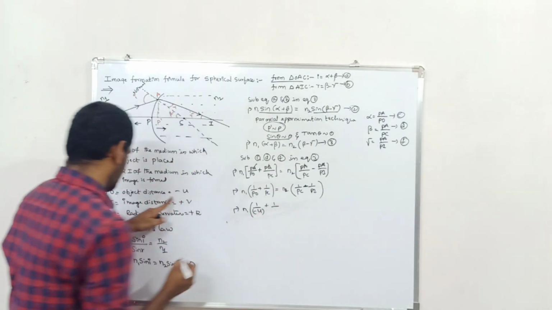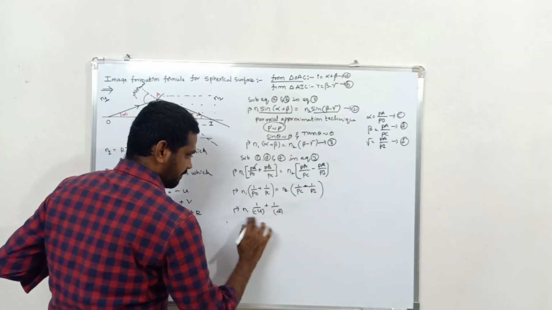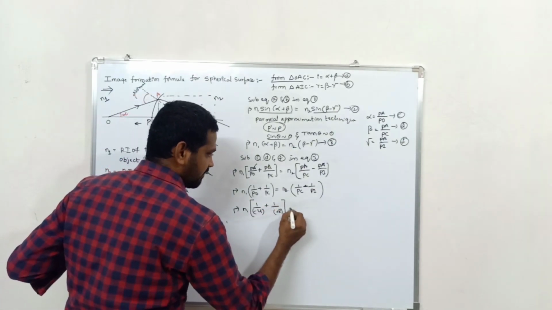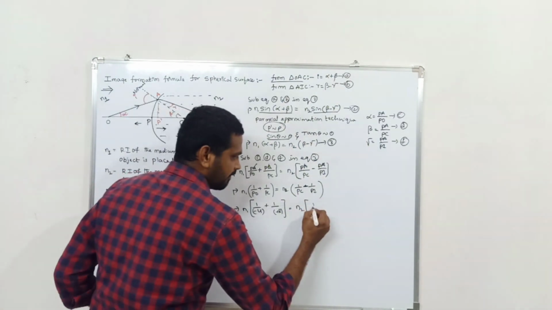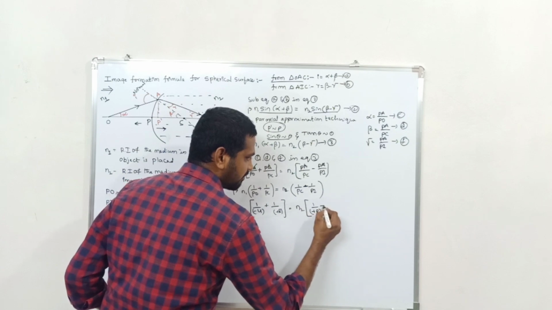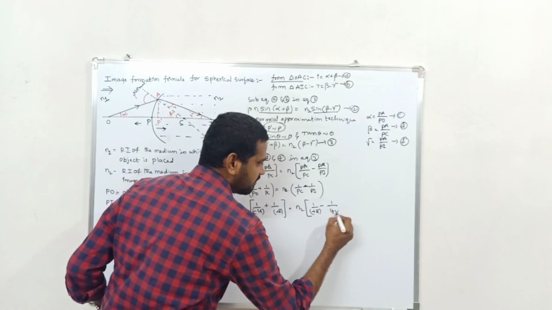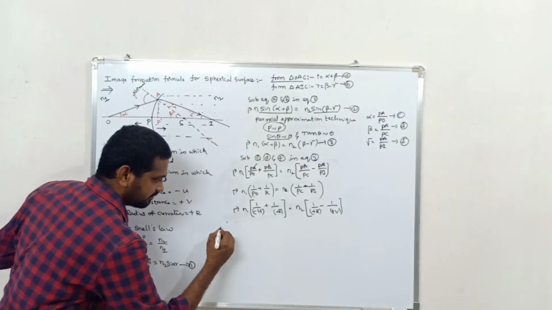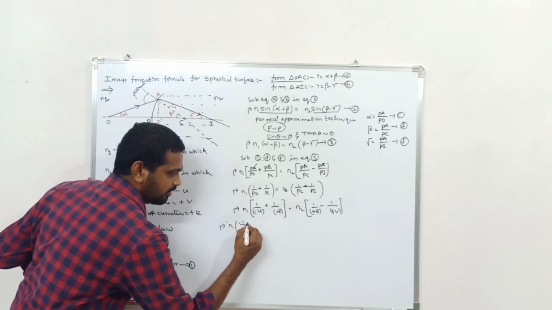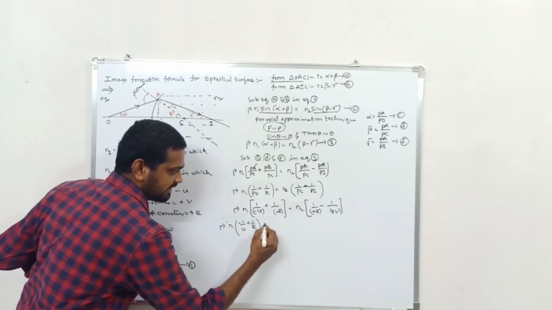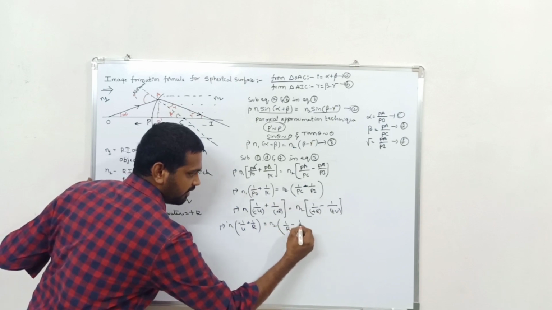Plus 1 by C value is how much more? PC is plus R, which will be equal to n2 times of 1 by plus R minus 1 by PI. PI value is plus v. The terms you got as n1 times of 1 by minus u plus 1 by R, which is equal to n2 times of 1 by R minus 1 by v.